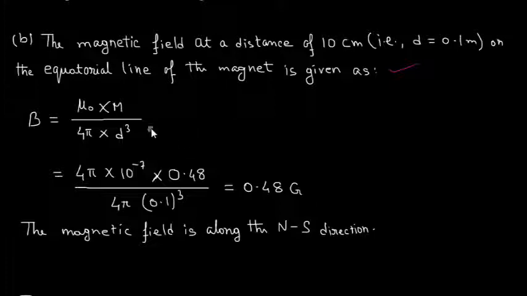Putting the value of mu naught, M, pi and d, we get 4 pi multiplied by 10 to the power minus 7 multiplied by 0.48 upon 4 pi multiplied by 0.1 whole cube. Upon solving, we get 0.48 G. The magnetic field is along the north-south direction. Let us see the next question.